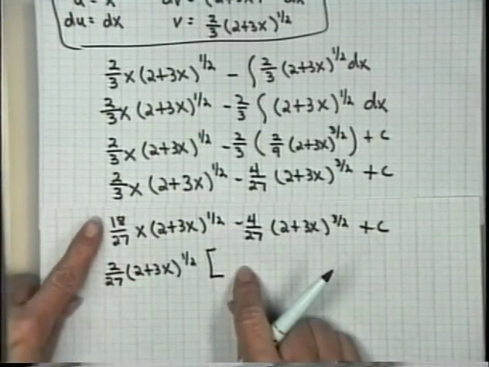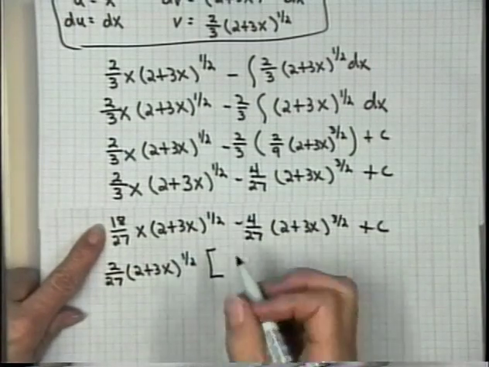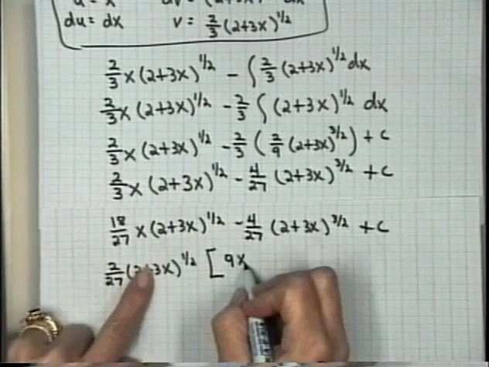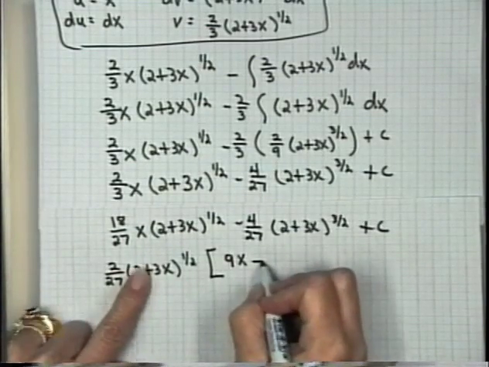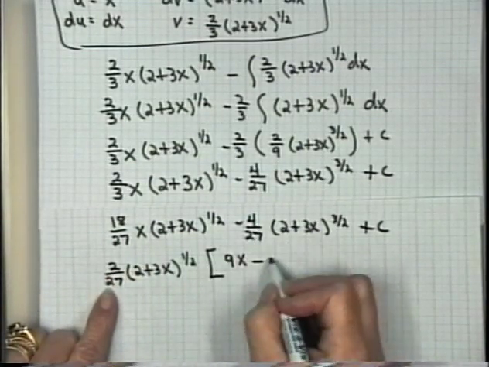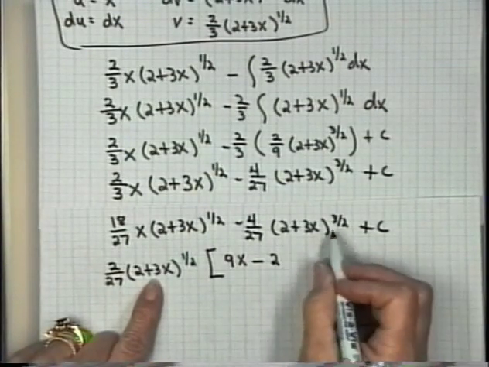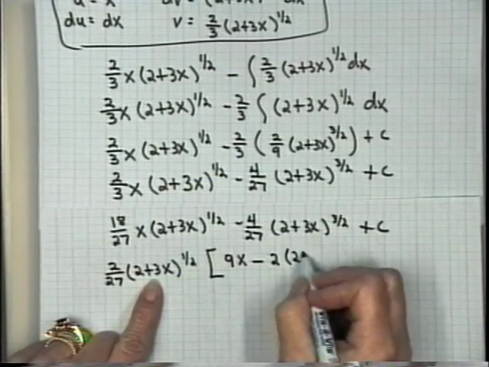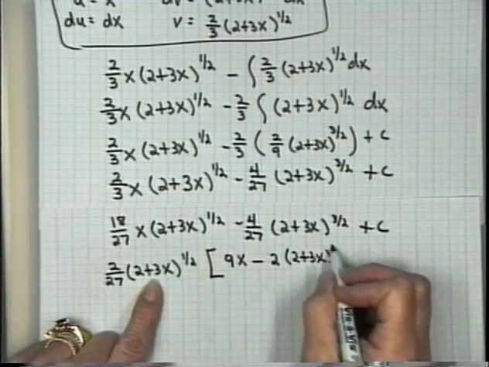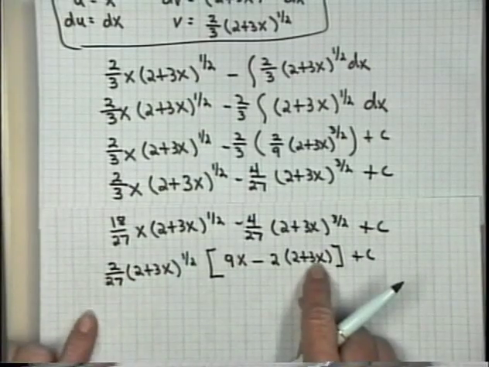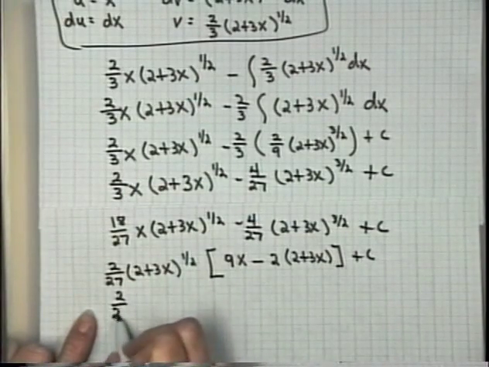So let's take a look at this. If I factor 2/27 out of this, I have a 9 and an x left. Minus, if I take 2/27 out of this, I have a 2 left. And if I factor this out to the 1/2, I have 2 plus 3x to the 1 left in there, don't I?